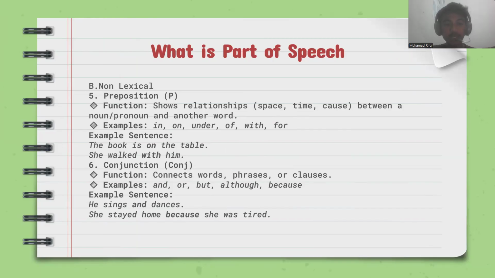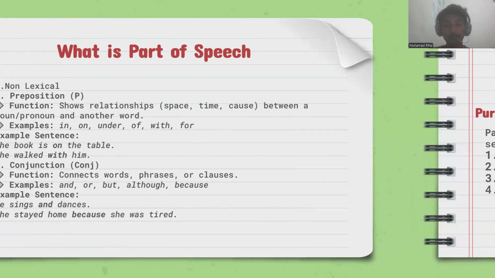Examples: in, on, under, of, with, and for. The sample sentence: the book is on the table. She walked with him. Number 6, conjunction. Connects words, phrases, or clauses. Examples: and, or, but, also, because. Example sentence: he sings and dances. She stayed home because she was tired.